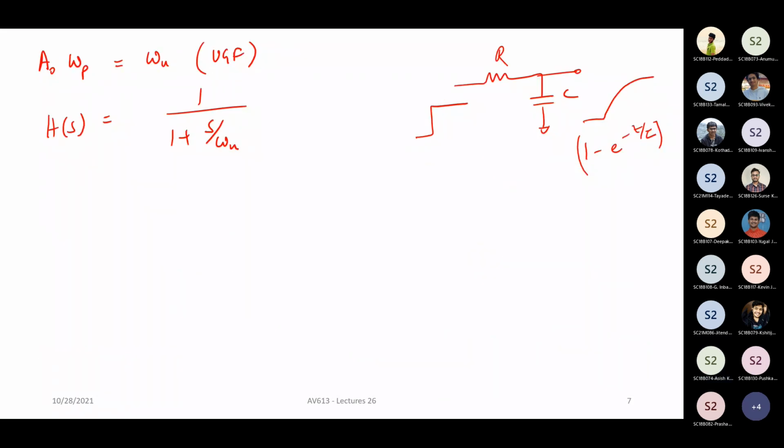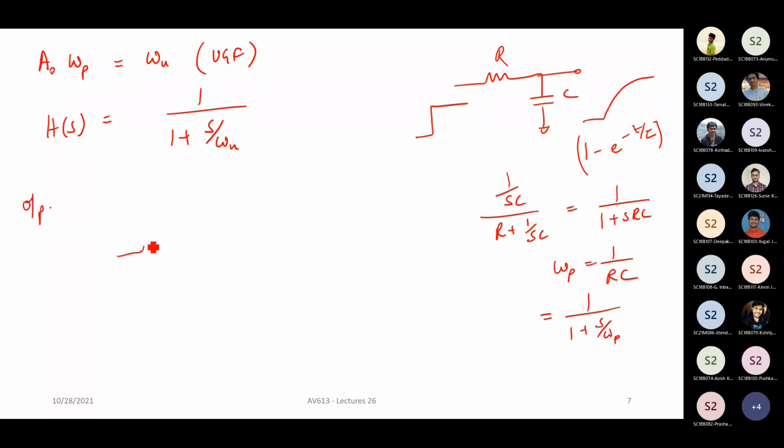So this one will be 1 by SC divided by R plus 1 by SC. This will become 1 divided by 1 plus S times RC, where omega P is nothing but 1 by RC. So this can be written as 1 by 1 plus S by omega P. This is 1 by 1 plus S by omega U. So if you give a step input to this, the output will basically be an exponentially rising output.